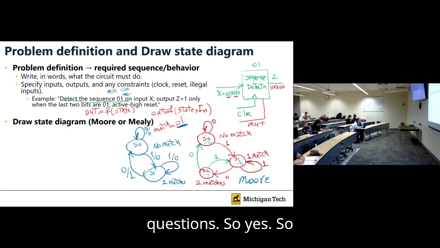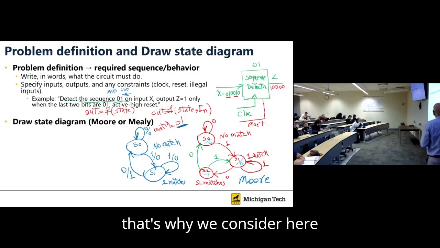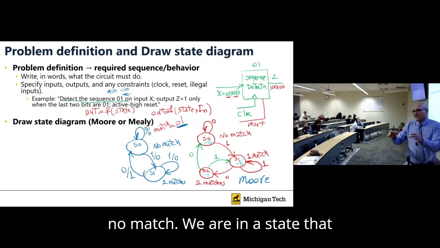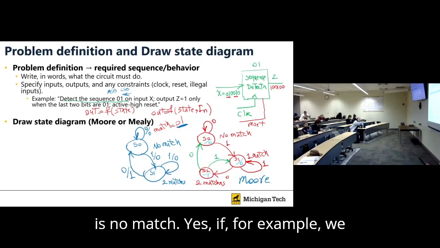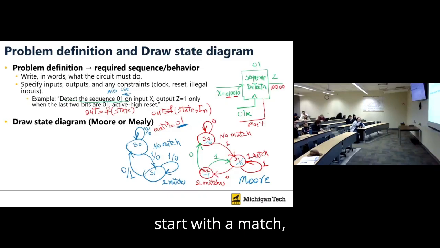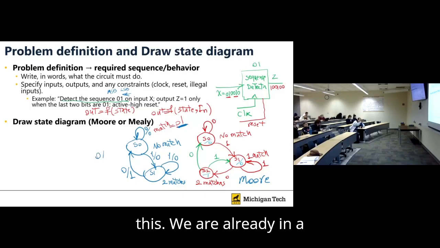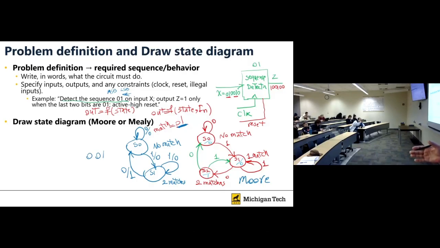So yes, that's why we consider here no match. So imagine there is no match. We are in a state that is no match. If, for example, we start with a match, it means we are already in a state of 1 match.